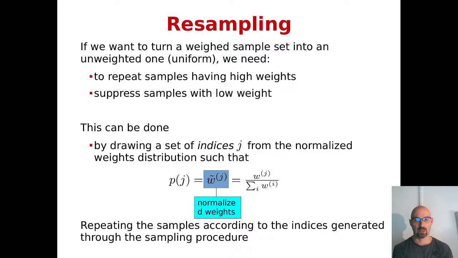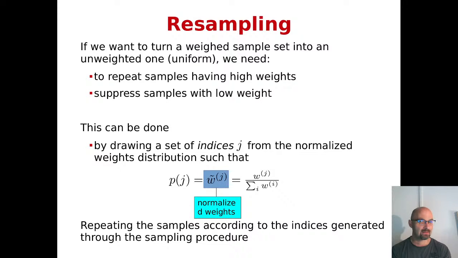Alright, now typically there is another mechanism that we need in order to proceed to the next part of the derivation, called resampling. It's very common that we want to turn a set of weighted samples, samples that have this weight W, into a set that has no weights.